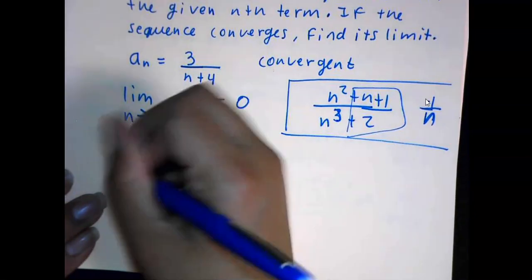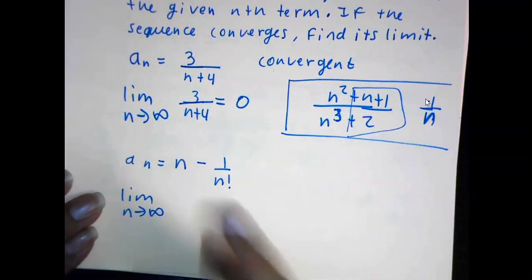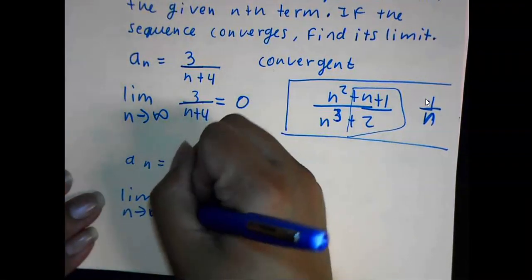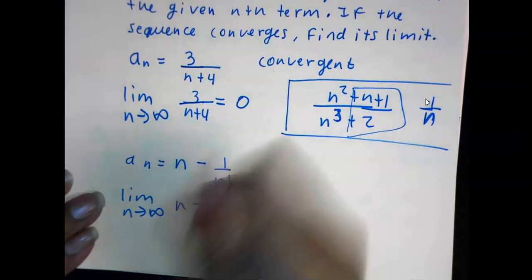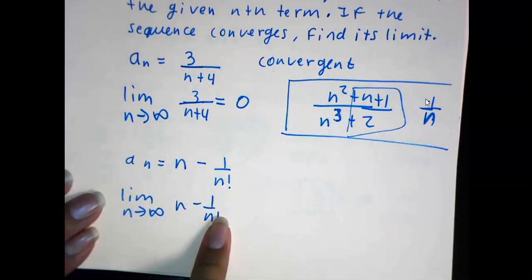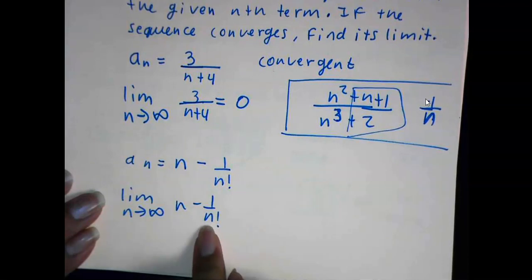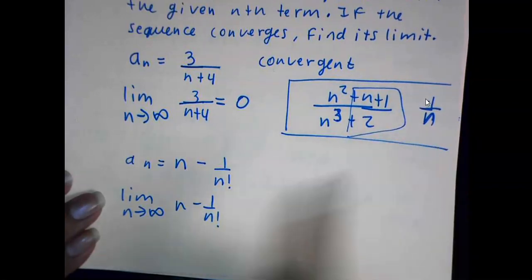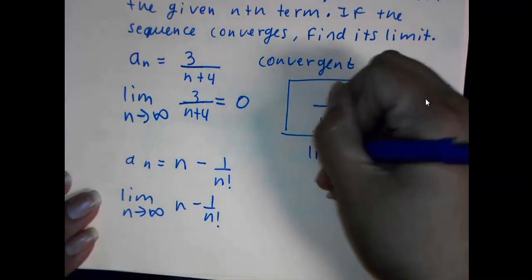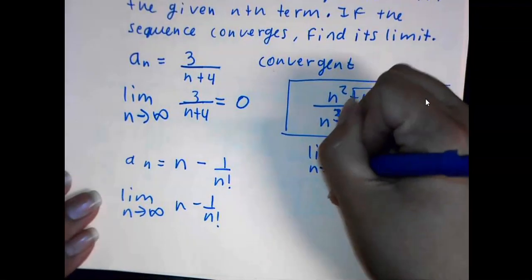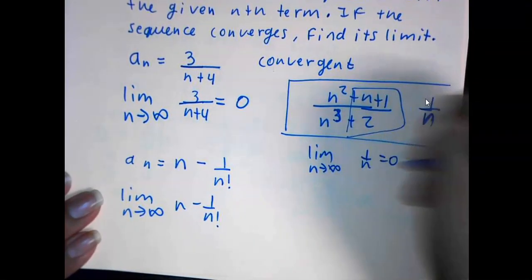Sorry, this is a of n. So as this goes to infinity, I'm putting infinity there, minus a number. Even if this goes to 0, because it's 1 over n, remember, the limit as n approaches infinity of 1 over n is 0.